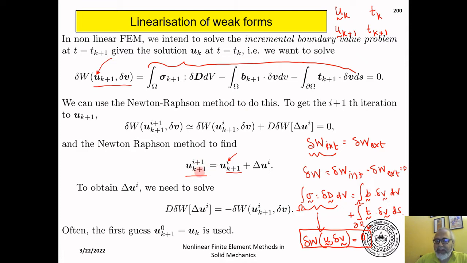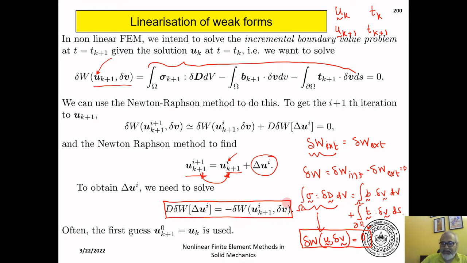And to get this, I need this quantity, and this quantity can be obtained by solving this equation like we had done in the previous lecture. And if you can solve this equation, you can find delta Ui, which you add to the value at the ith iteration to get the I plus 1th iteration. Again, you keep doing this till these two things become equal to each other by some measure.